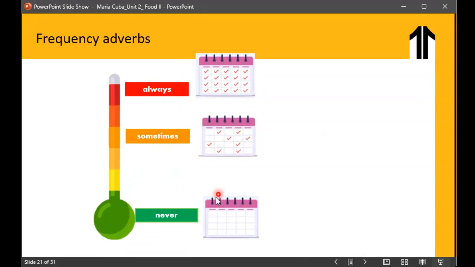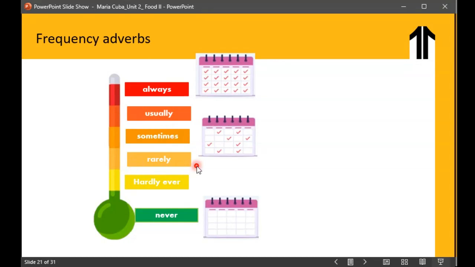Always, sometimes, never are frequency adverbs. And in between them, there are more frequency adverbs that you can use. We are going to write some of them. Vamos a solamente emplear algunos de ellos. Usually, rarely, hardly ever. Remember that you use hardly ever. These are some frequency adverbs.